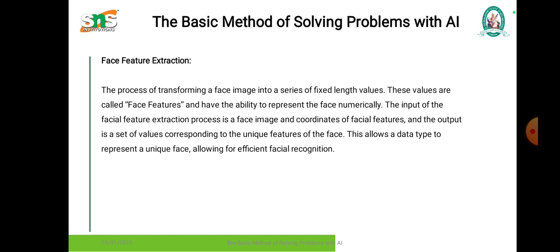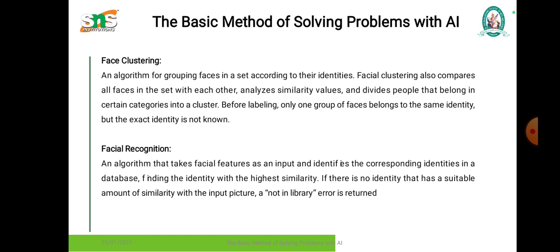Here the input is the face image and the coordinates of the facial features, and the output is a set of values corresponding to the unique features of the face. This allows data types to represent a unique face and allows efficient facial recognition.